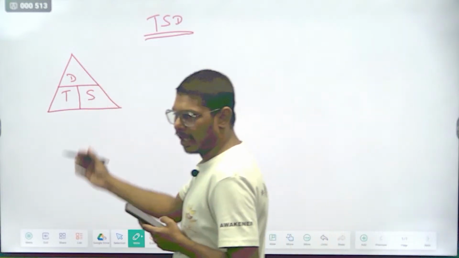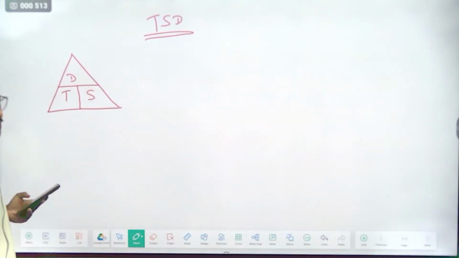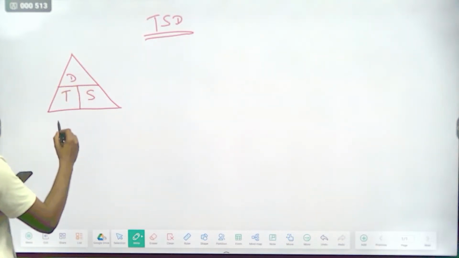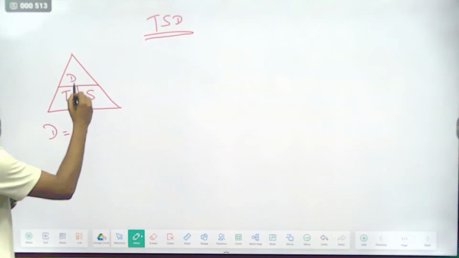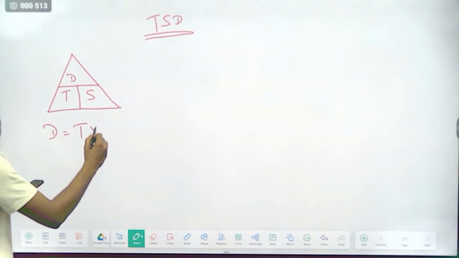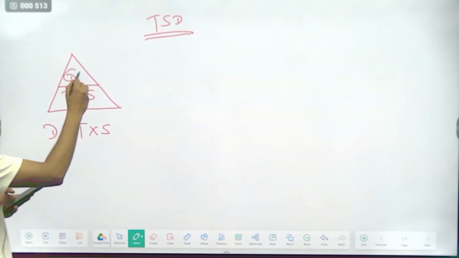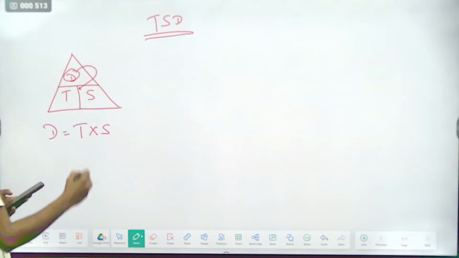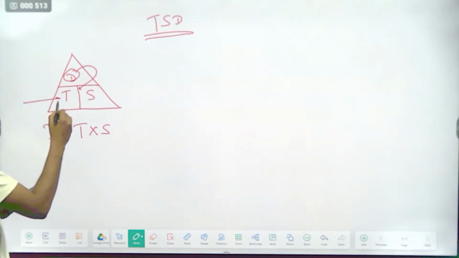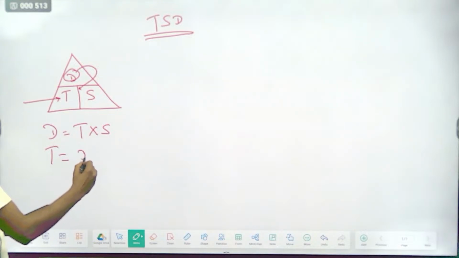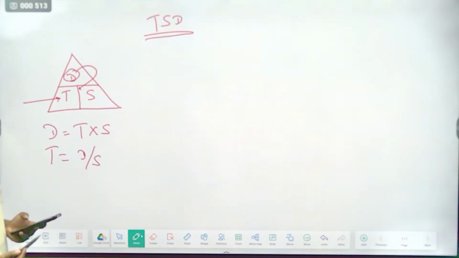What does this triangle mean? D is equal to time into speed. If you have to find out time, you have D by S, distance by speed.